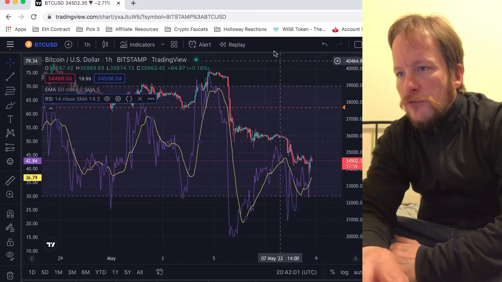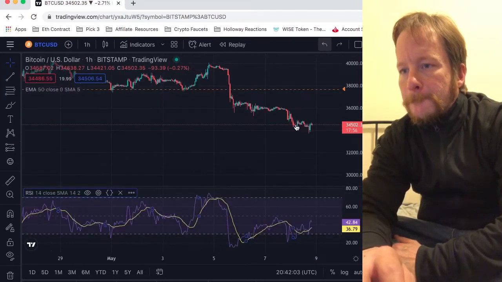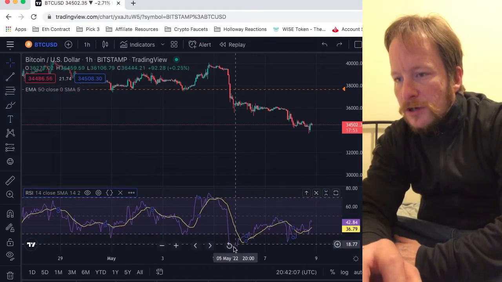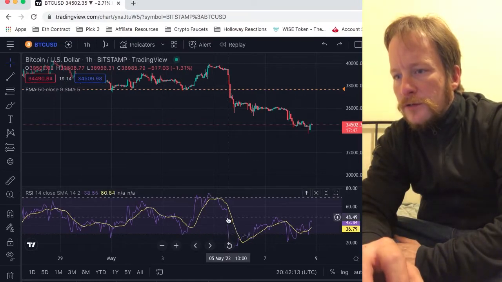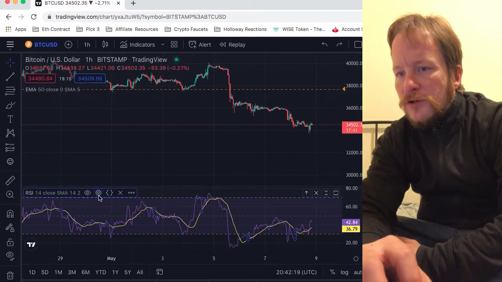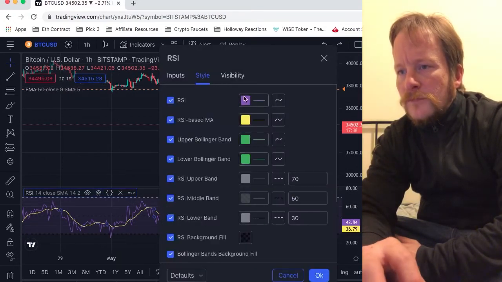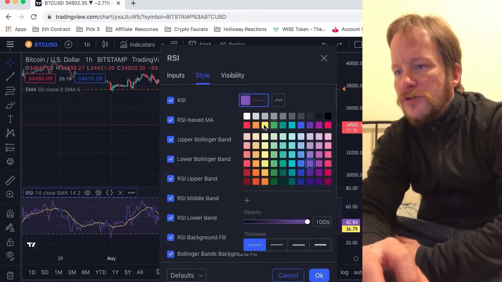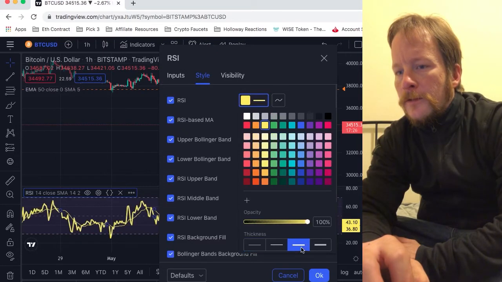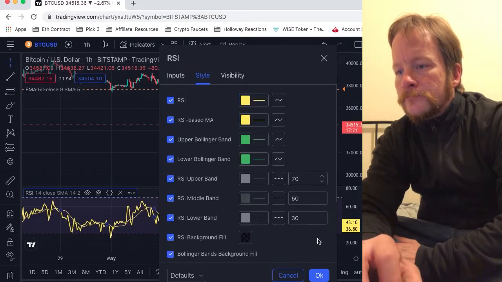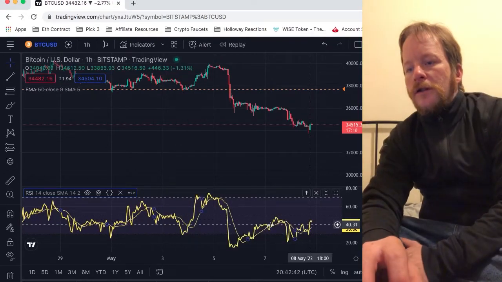Ooh, don't want that big. Okay, so basically when the RSI line is way down here on the bottom, let me make this clear. I'm going to make the RSI a different color just to demonstrate, so it's easier to see. Okay, a little bit easier to see.